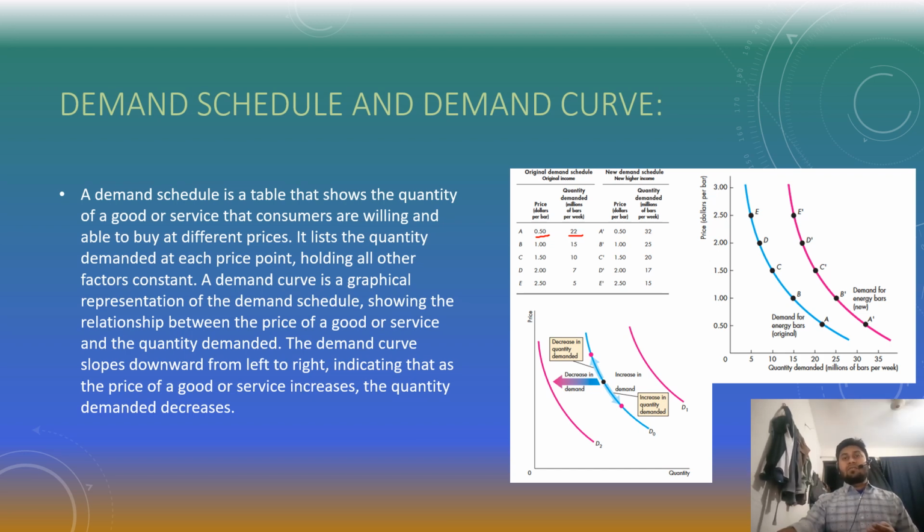Here we saw that when income is better, then demand is higher. When income is lower, demand is lower. So here the two curves show the new demand curve. Here is the effect of income.